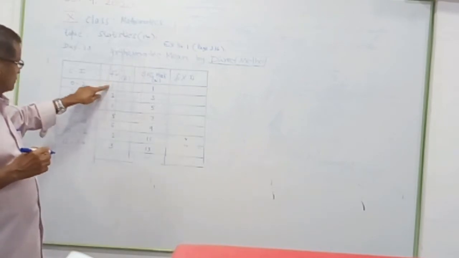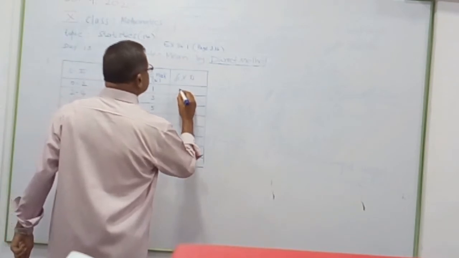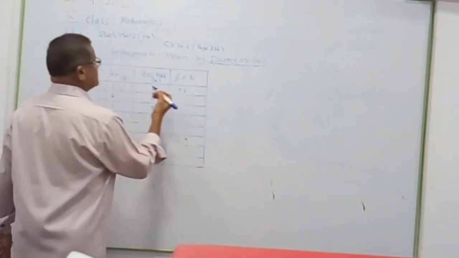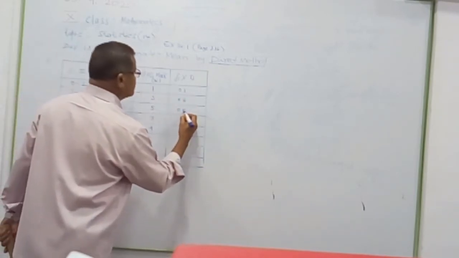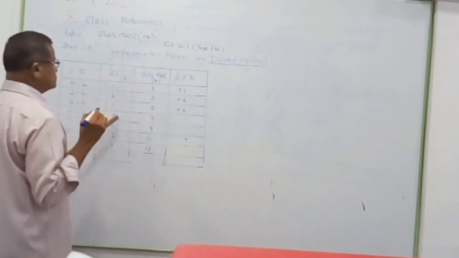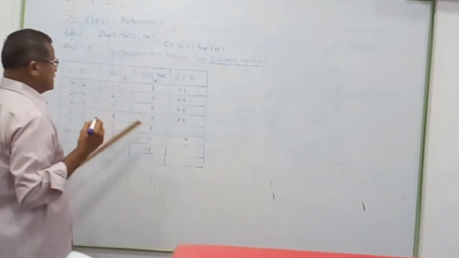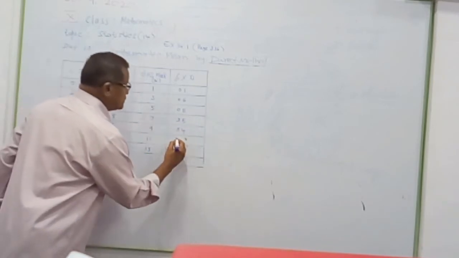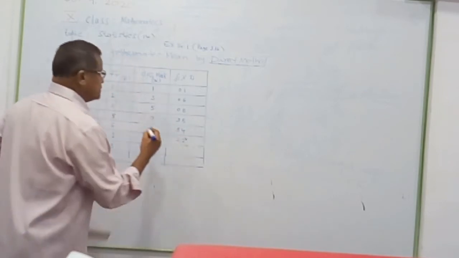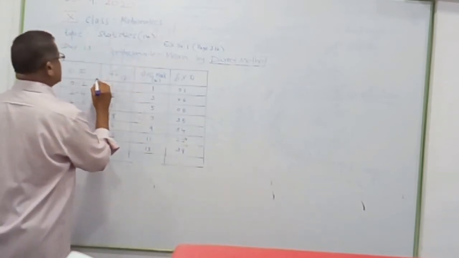What is the frequency here? 1 into 1, 1. 2 into 3, 6. 1 into 5, 5. 5 into 7, 35. 6 9s are 54. 2 11s are 22. 3 13s are 39. Easy. This is the first column.